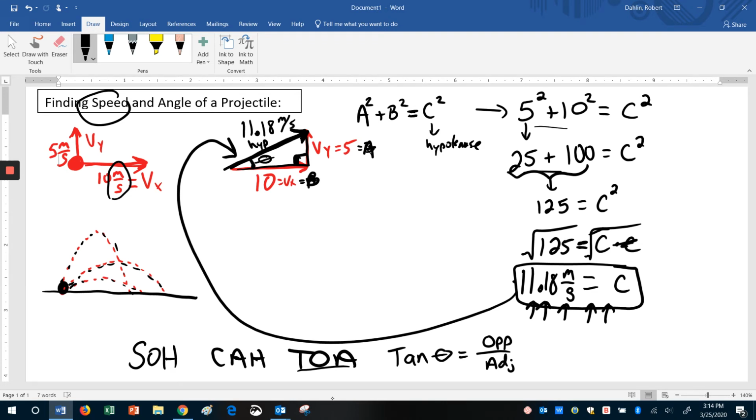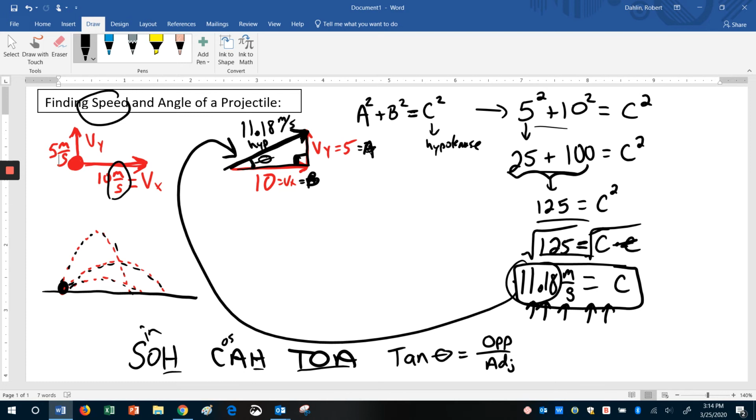I got a lot of steps here. What if I mistyped something and this 11.18 isn't the right number? That is what we would be using for the hypotenuse, and for sine and cosine. But the 5 and the 10 were given to you. You know those are good numbers.